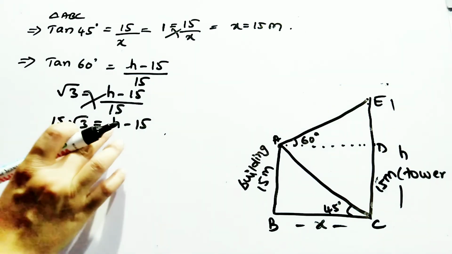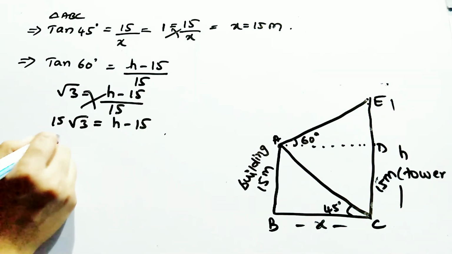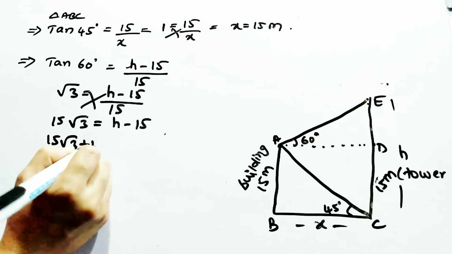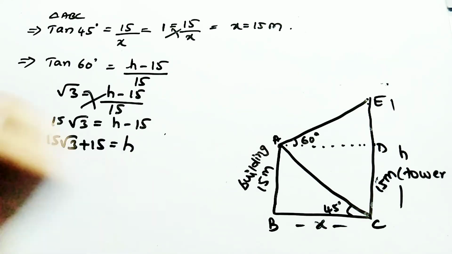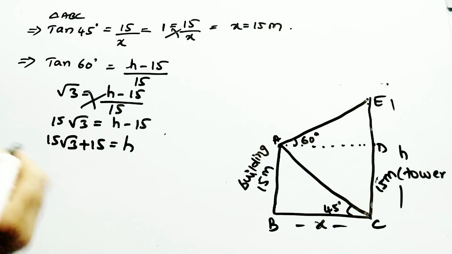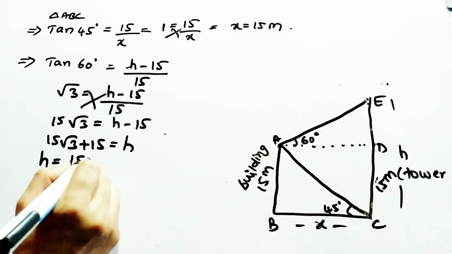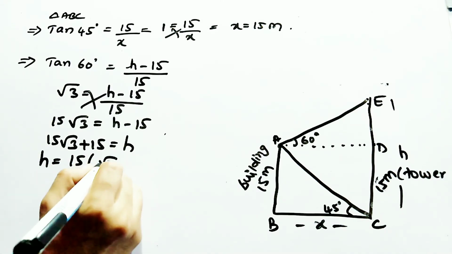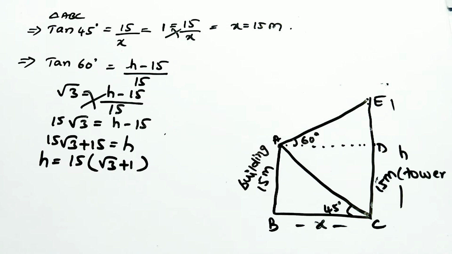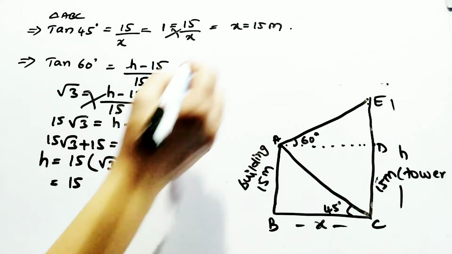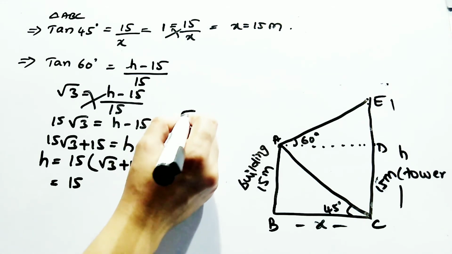What is the value of H? 15 root 3 plus 15 equal to H. You can write H this side also, and 15 is common, so we take common 15 into root 3 plus 1.